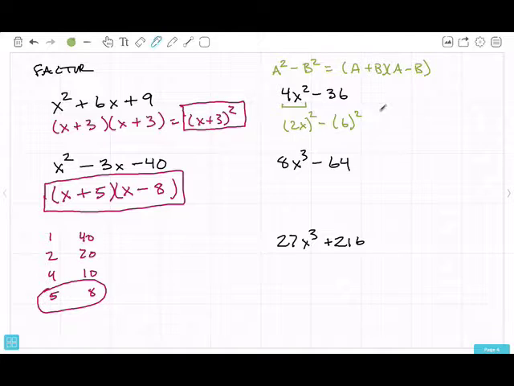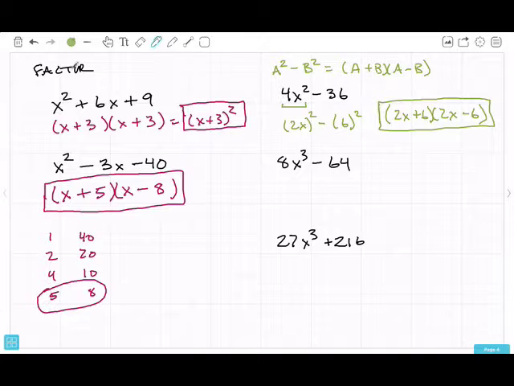Okay? So this will factor to 2x plus 6, 2x minus 6. All right? It's very simple. You just use the cheat code right there to help you out. Okay?